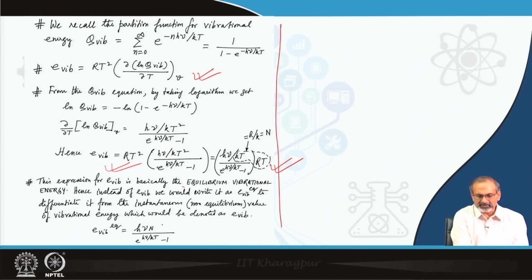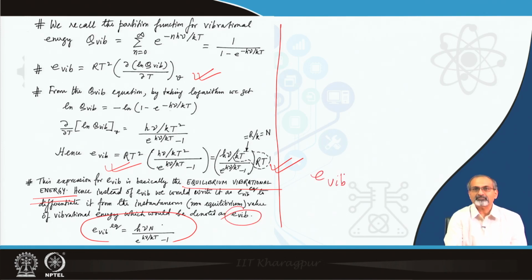Now, we recall that that is basically the equilibrium vibrational energy that we came up with. So, we choose to express that as the vibrational energy under equilibrium, and we need to distinguish it from the vibrational energy which is at non-equilibrium. So, the one which is under non-equilibrium will be just expressed like this, E vibrational. We are not going to specifically show any nomenclature for the non-equilibrium part, but it is implied, while the equilibrium part will be specifically mentioned.